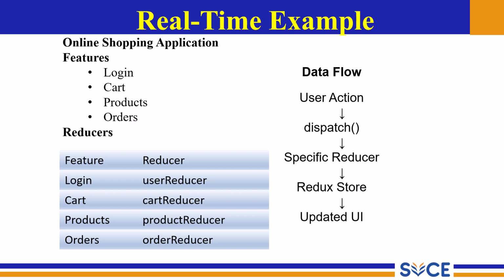So this is the real-time example for the online shopping application, featuring login, cart, products and orders. So this is how the data flow will be: user action, dispatch, specific reducer, Redux store and updated UI.